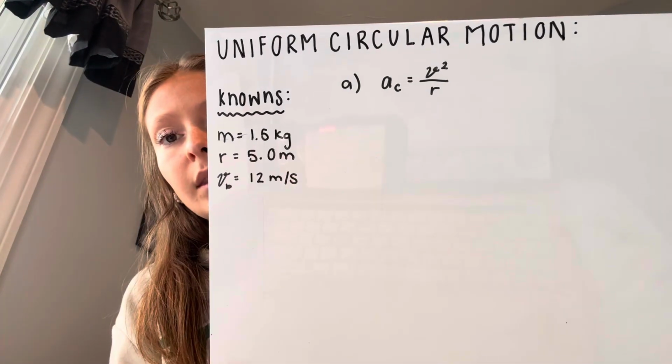So then with part A, since you want to find the centripetal acceleration, the equation for that is a sub c equals the velocity squared over the radius. Since you want to find the acceleration, it's already isolated by itself, so you can just go ahead and plug the numbers in.